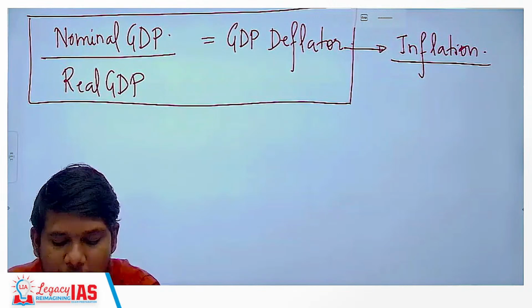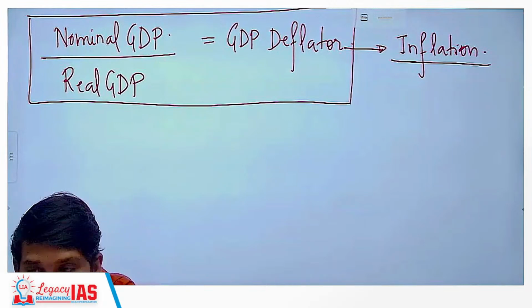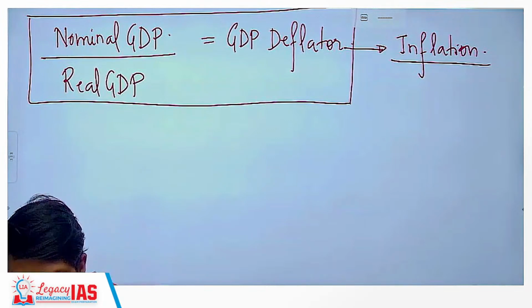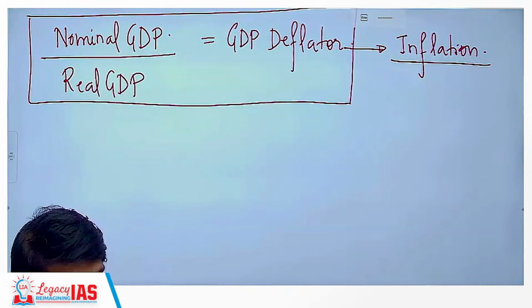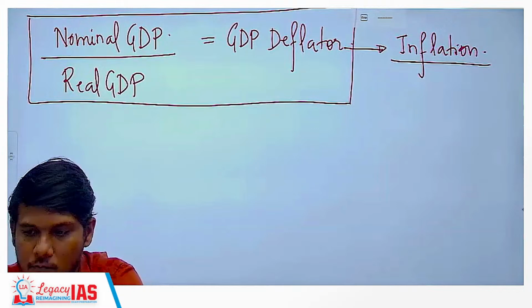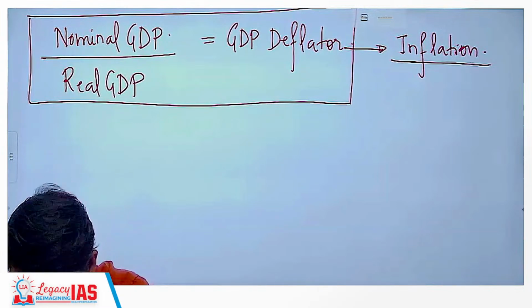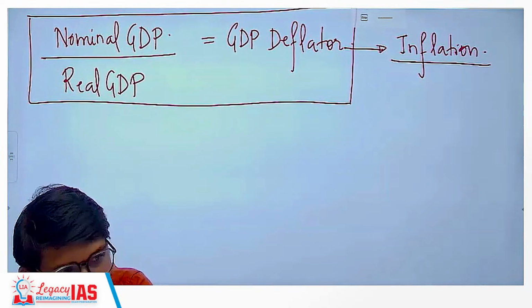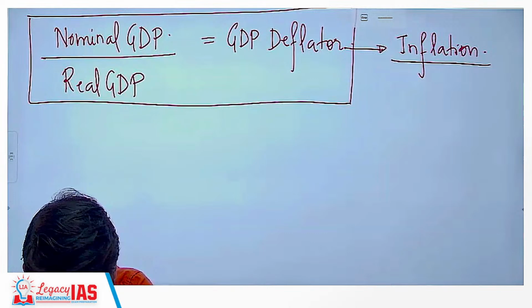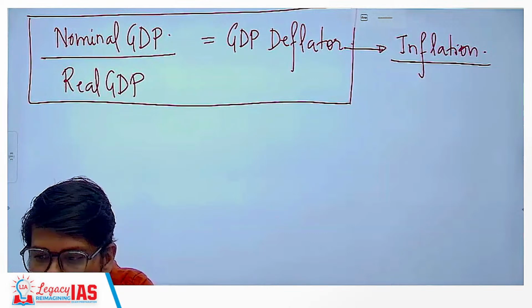It is the total value of all final goods and services produced by Indian nationals during a financial year. Same.